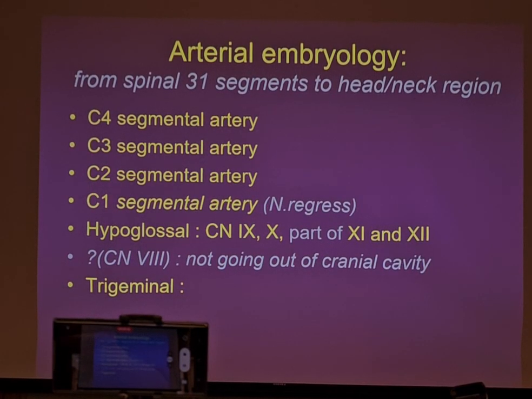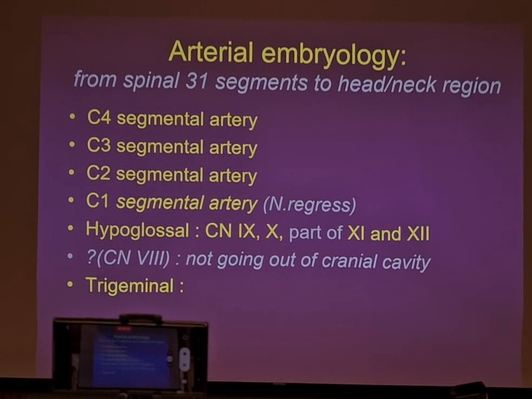So for saying this, if we count approximately 31 spinal segments, in the head and neck region we count between C4, C3, C2, C1 segmental arteries, especially C1 where the nerve regresses, and then we go up to the hypoglossal, which is related to cranial nerve 19, part of 11-12, and then the otic, which is not going out of the cranial cavity, and we end up at the trigeminal level.